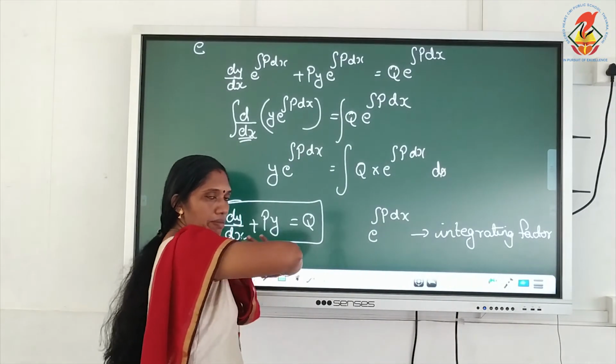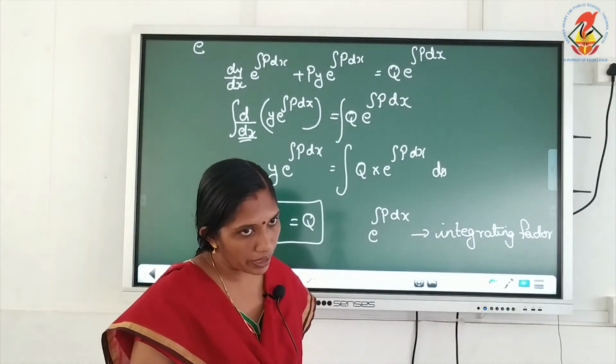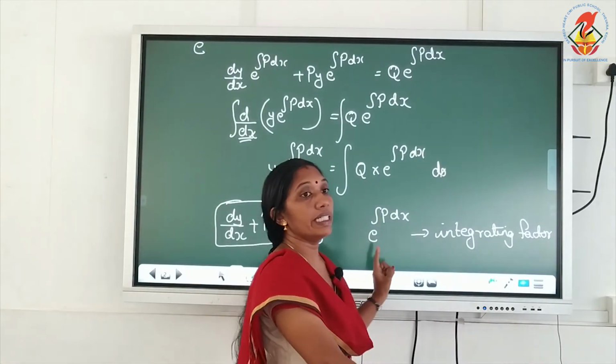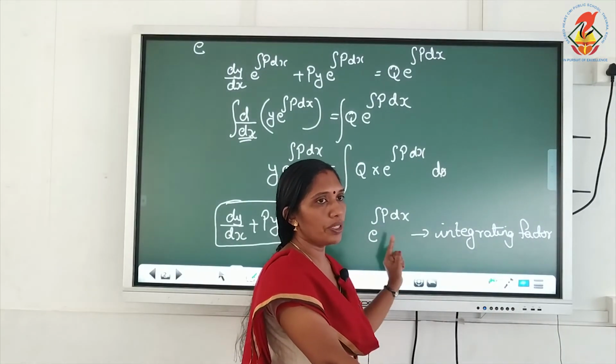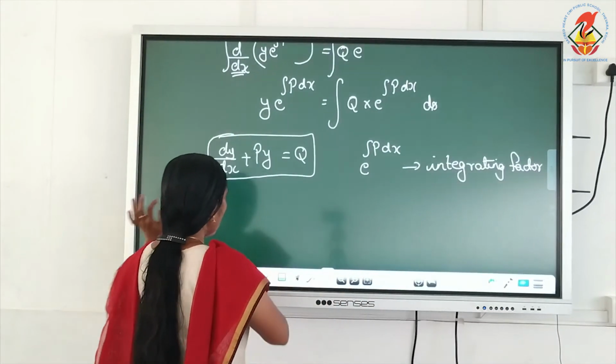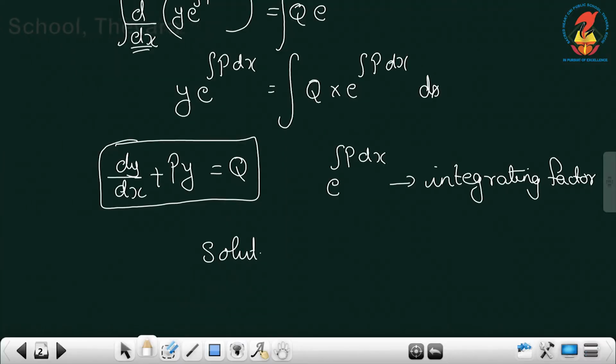Sometimes the given equation is not in the linear form, so you have to convert it to linear form, find the value of p, then find the integrating factor, that is e raised to integral p dx. So you will get one function. After that you can directly write the solution.